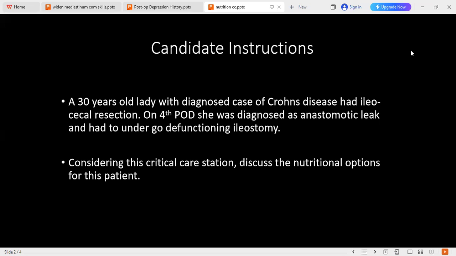Constituents, the components, ingredients. It contains various amounts of water, carbohydrate 50%, protein 10%, and lipid 30%. Also vitamins, trace elements, and nitrogen adjusted to patient needs.